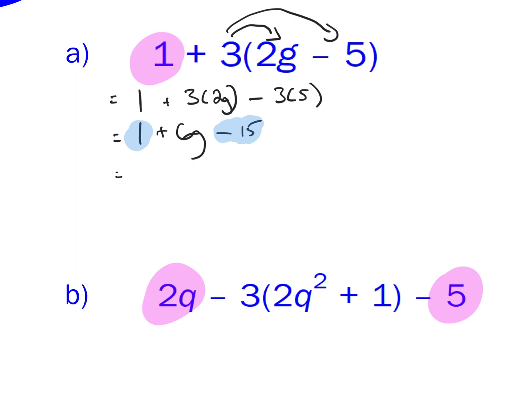Or can we just go 1 minus 15 and get the answer? Well, right now, we're not collecting like terms. So here's what I'm going to tell you. If you want to live dangerously in math, and you want to just put the 1 and the -15 together without putting them together beside each other, go ahead.